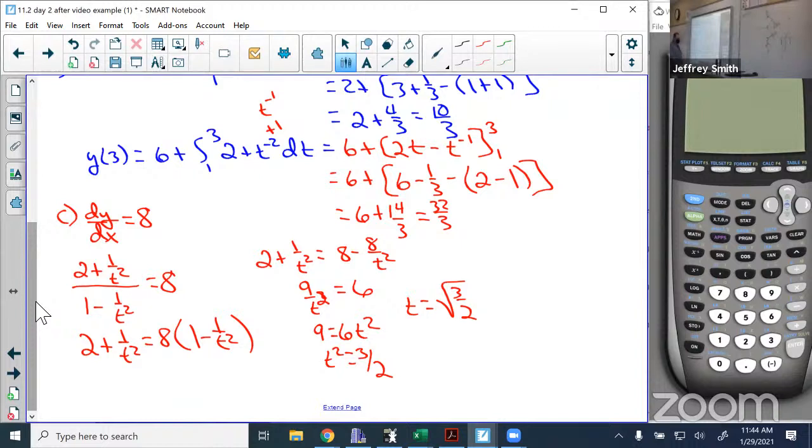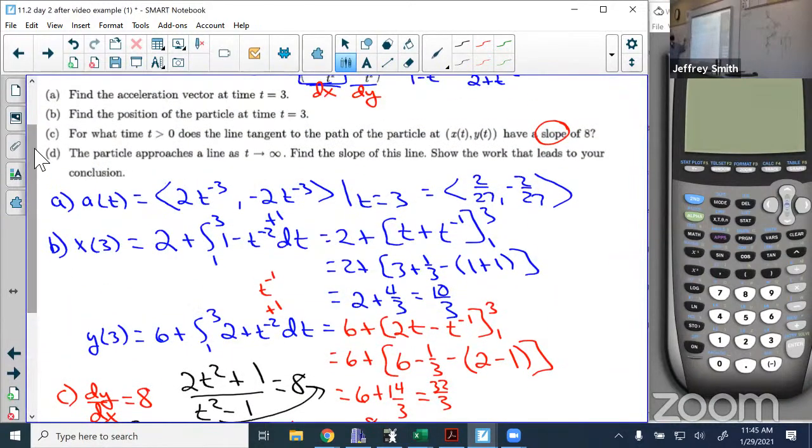The other way, this is kind of my go-to: I'd multiply everything by t squared up here. And it'd be 2t squared, you don't have to write this down, plus 1 over t squared minus 1 is equal to 8. Then you multiply that up there, and then you get it by itself, and you end up with the same. I like getting rid of the complex fraction.